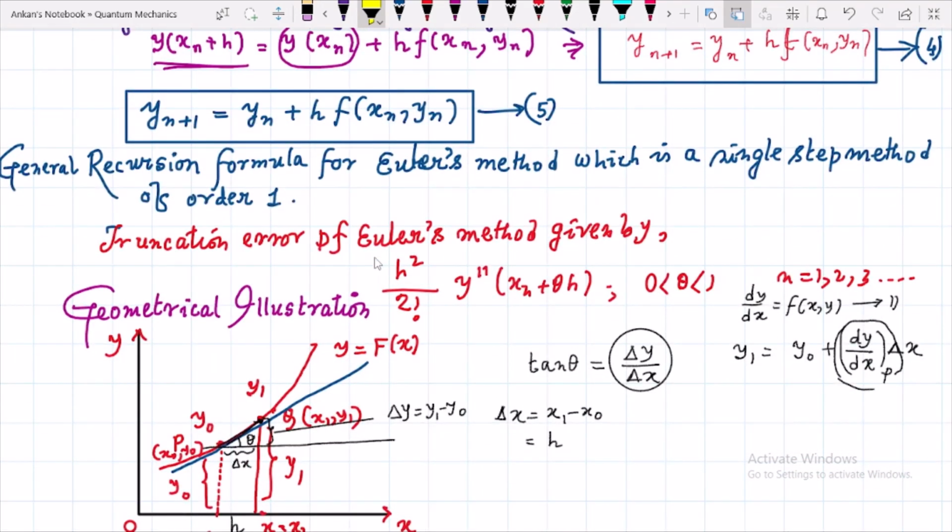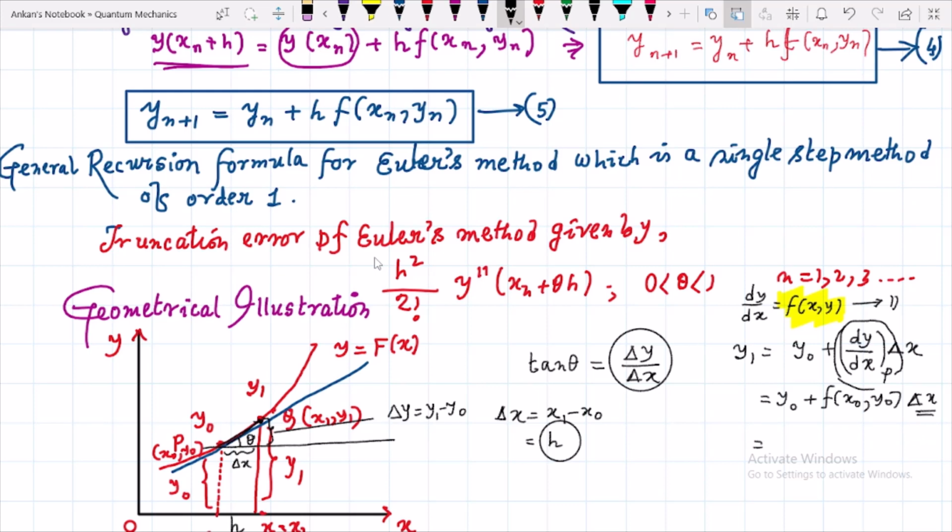So from equation 1 you can write that dy/dx at P is equal to f at P, meaning f(x0, y0), into delta x, and delta x is h.